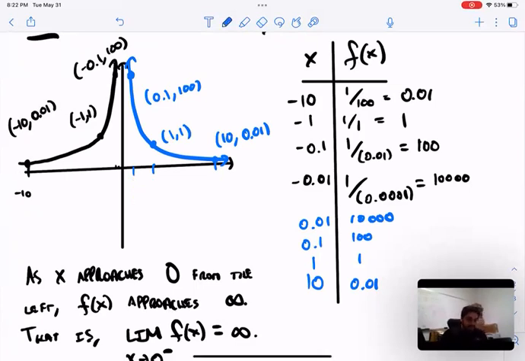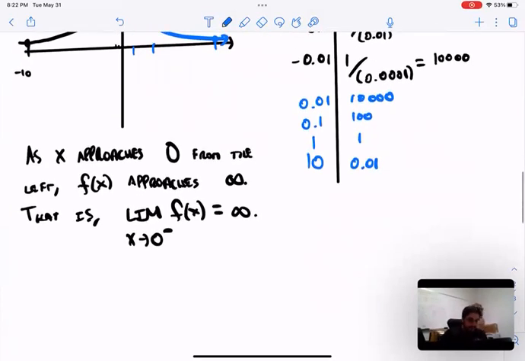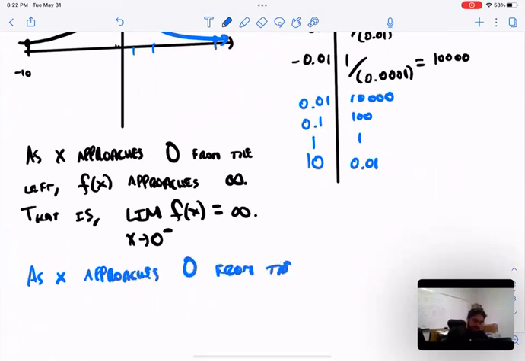from the left, right? So how would I describe that? Again, I could describe it in words. As x approaches 0 from the right, I can also say, once again, f of x approaches infinity.